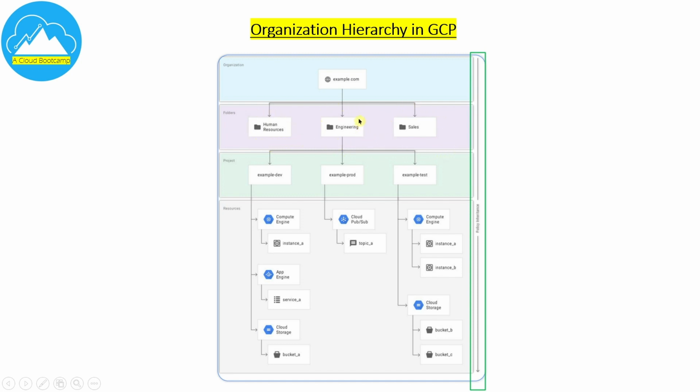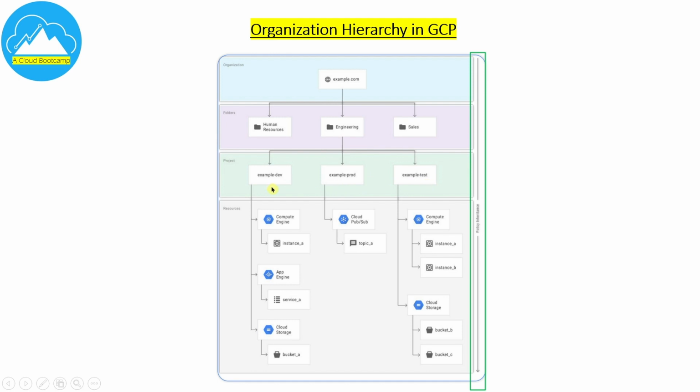Inside engineering, we may have particular environments like dev, prod, and test. These are the folders, sorry, not projects, and it looks like this. And if you see, this is the example-dev project, example-prod project, and example-test.